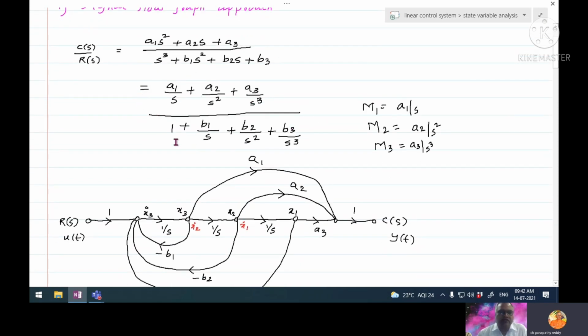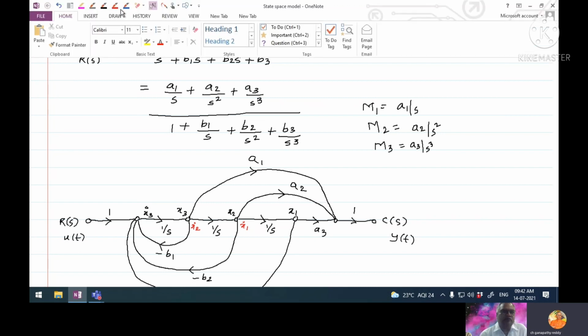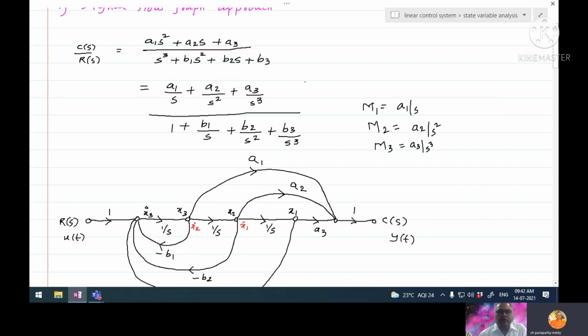Now this is in which form? This is Mason's gain formula format. Mason's gain formula is m1 delta 1 plus m2 delta 2 and so on divided by delta.